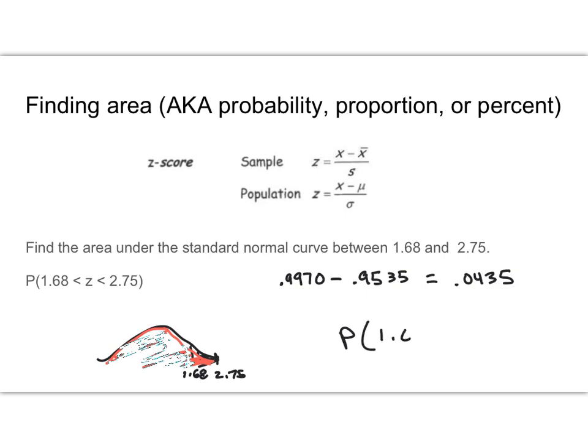So the proportion of the curve that's between a standard score of 1.68 and 2.75 is 0.0435, or just a little over 4%.